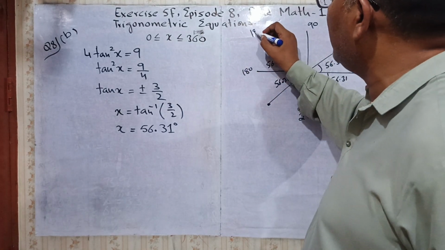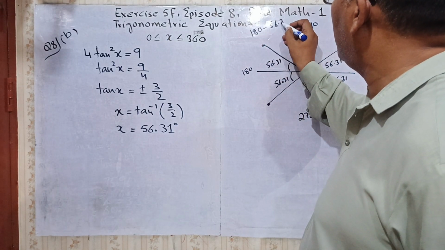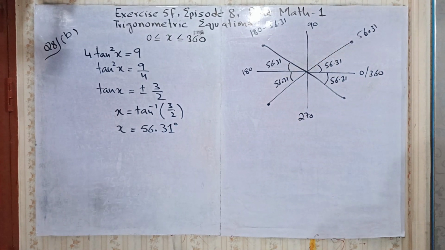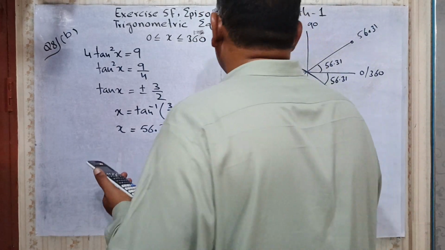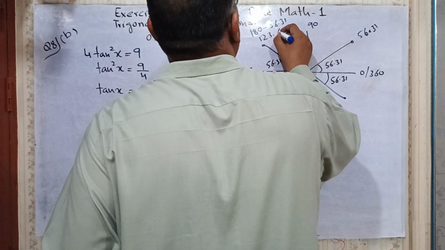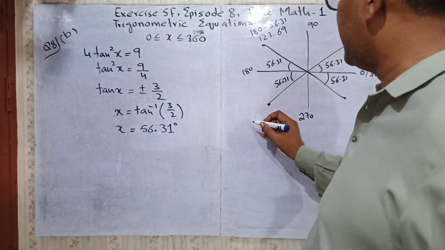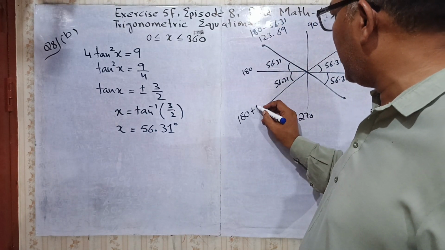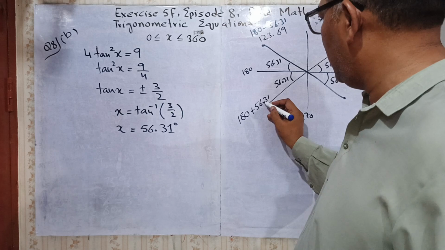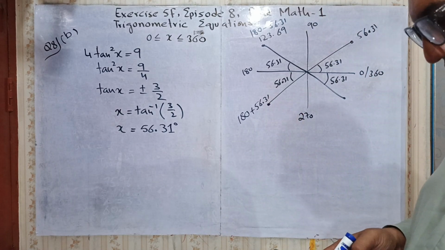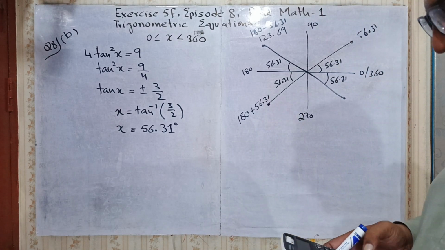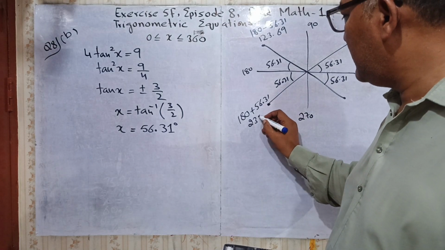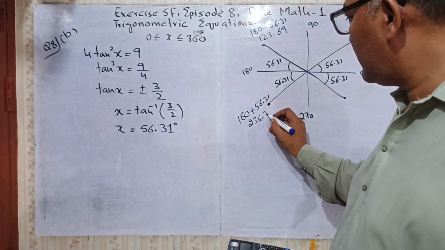How much is this angle? This angle is basically 180 minus 56.31. We will use our calculator: 180 minus 56.31, and that is 123.69. How much will this angle be? This angle will be 180 plus 56.31, and that will be 236.31.